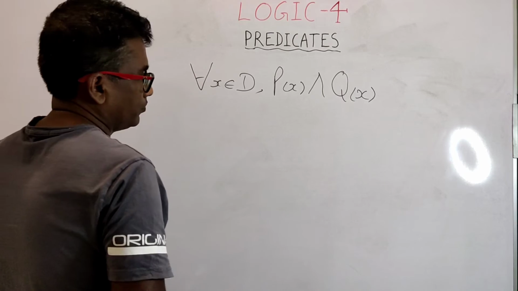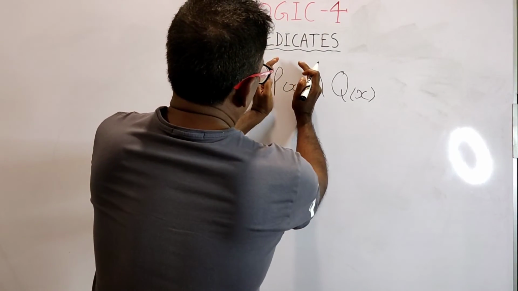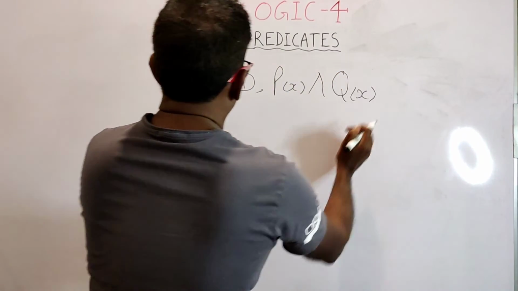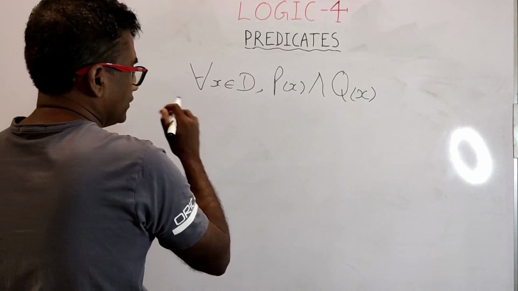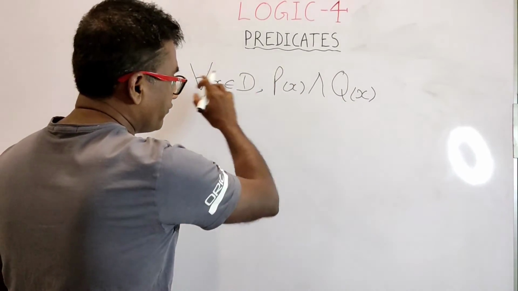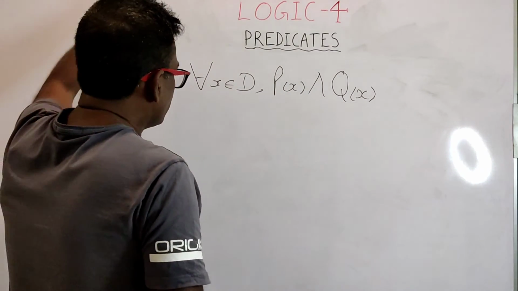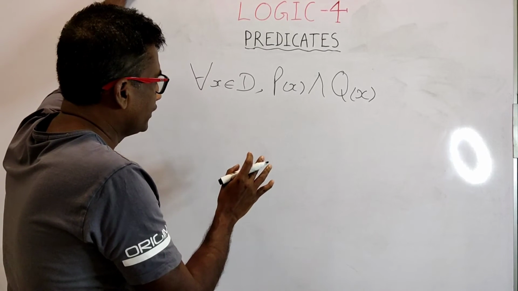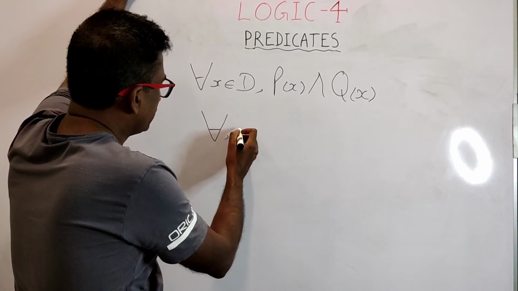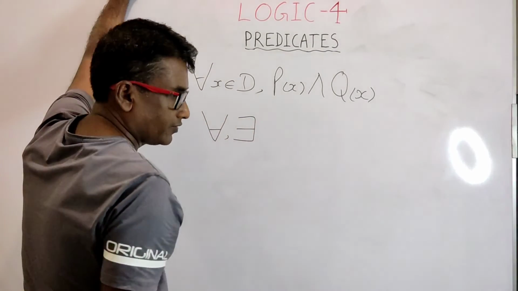The answer is no. Now this means x has property P, this means x has property Q. This is not a proposition at all. We have written it like this because we do not know the order of precedence when it comes to the quantifiers. You have to understand that the two logic quantifiers precede all the logic connectors.